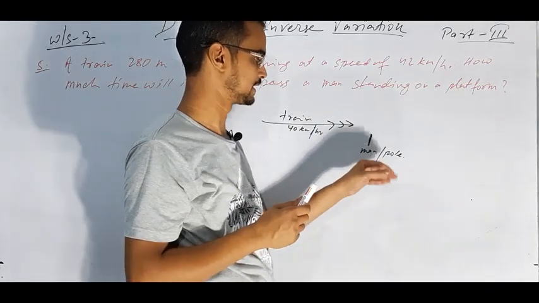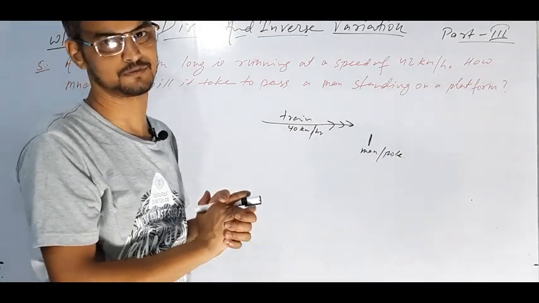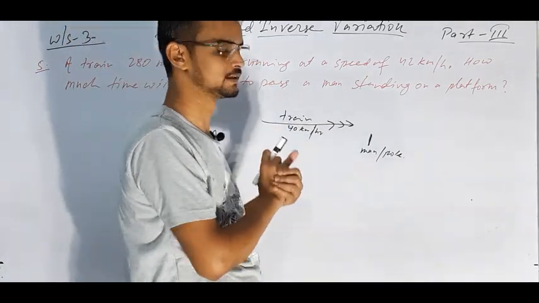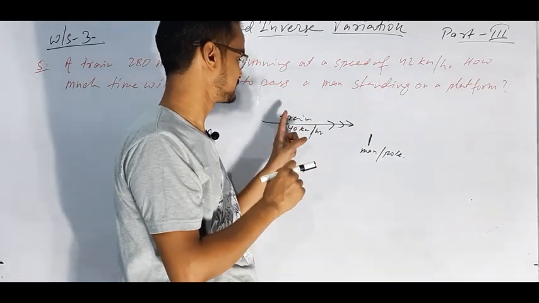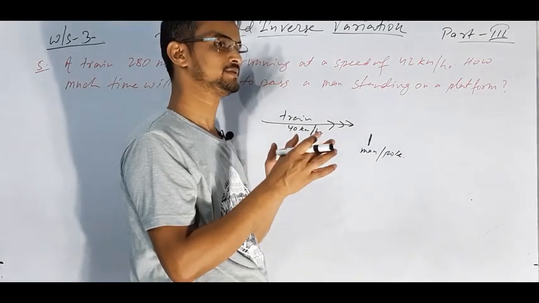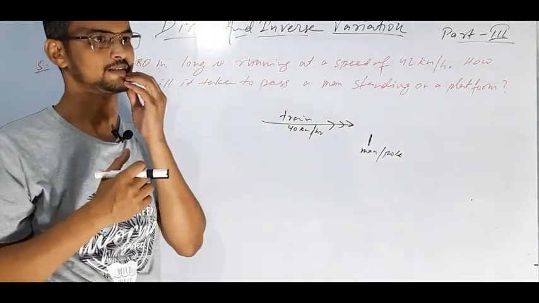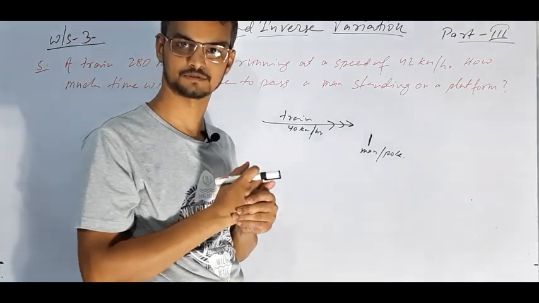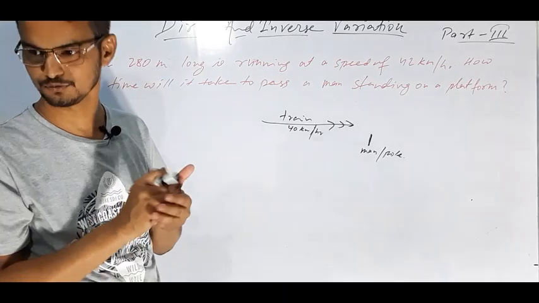This is a man or a pole or a stationary object which does not have any length. This is a train which is going this way with some speed. A man is standing somewhere beside the platform or the railway track. Then how much time will this train take to pass this man? As we discussed in some physics questions, distance traveled is equal to speed into time.